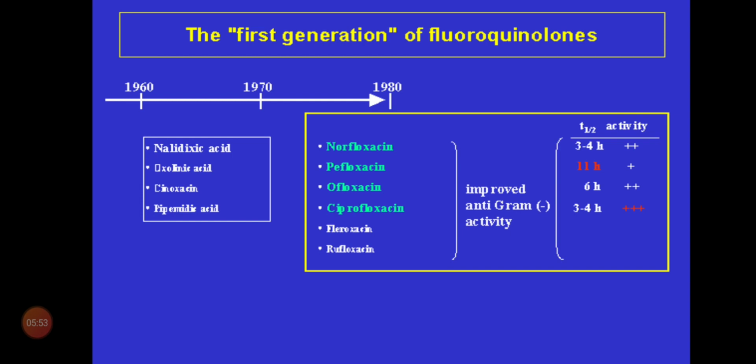Look at the slide, in which ciprofloxacin shows very good activity, indicated by the 3+ sign, and has a half-life of 3 to 4 hours. So this is an example of how the structure gets changed and how the activity of the drug is improved.